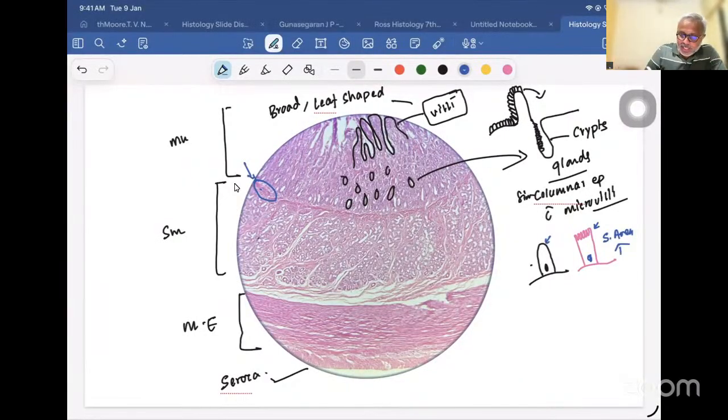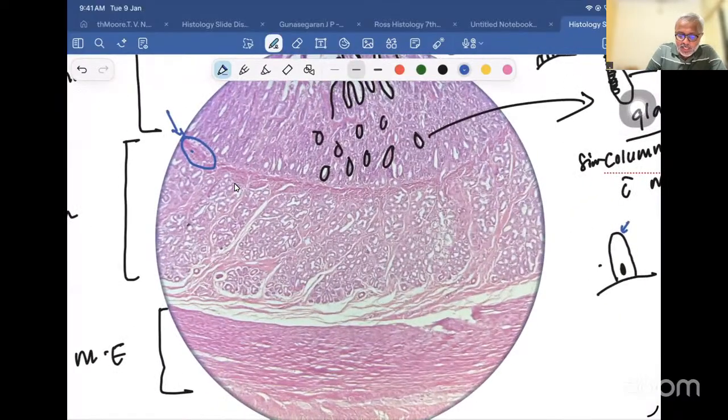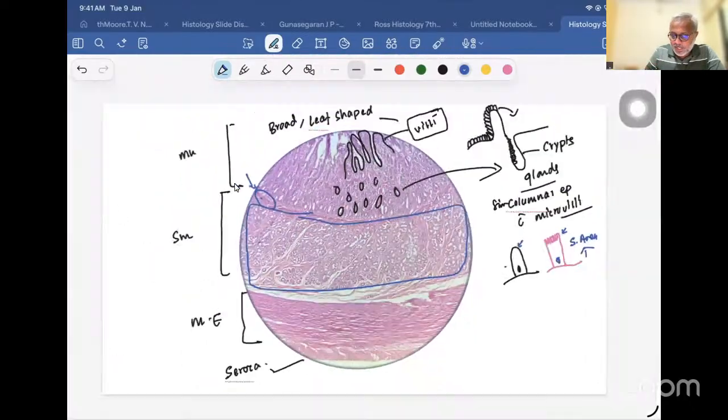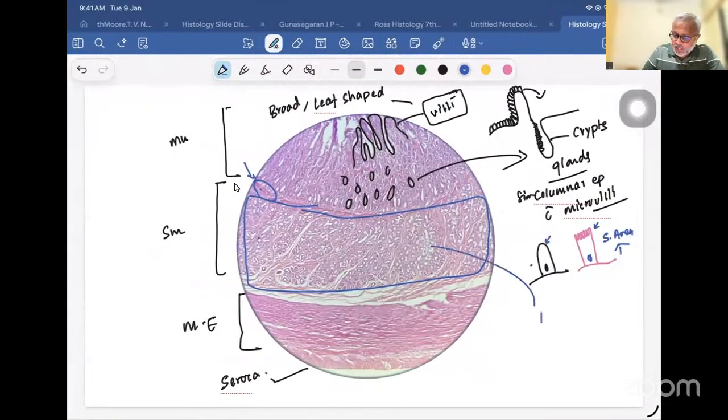Done. The examiner will be more interested in this layer, the submucosa, which is made up of glands called Brunner's glands. Now, what are Brunner's glands? These are submucosal glands.